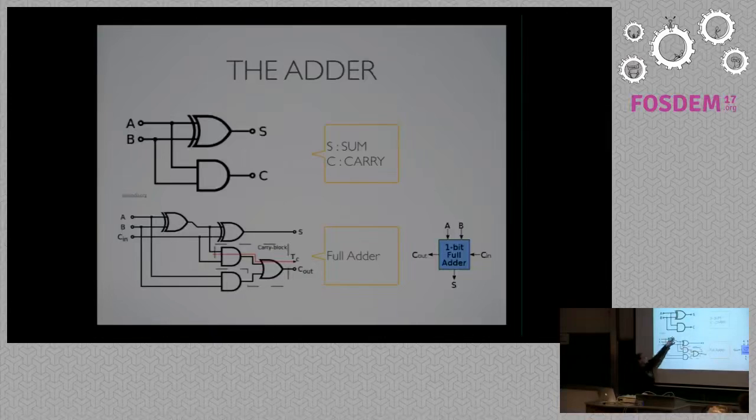So I would say half adder is a simple adder and the carry. So the carry is 1 only if both inputs are 1. And if you want to be a little bit more complete, you can design a full adder with an input carry and output carry. So it becomes a little bit complex.